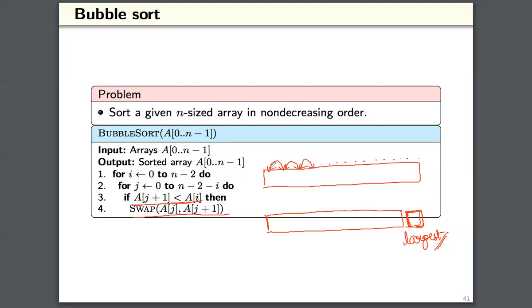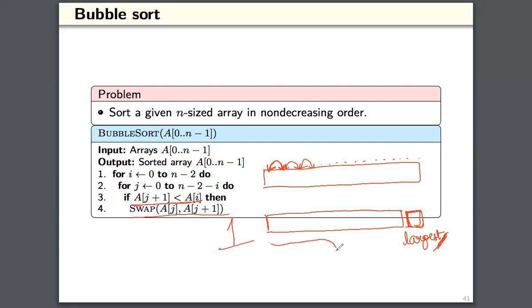Compare the first and second element, if they are out of order, swap. Compare the second and third element, if they are out of order, swap. Keep doing this till the end. At the end, you should have the largest element as the last element. So that is one iteration.